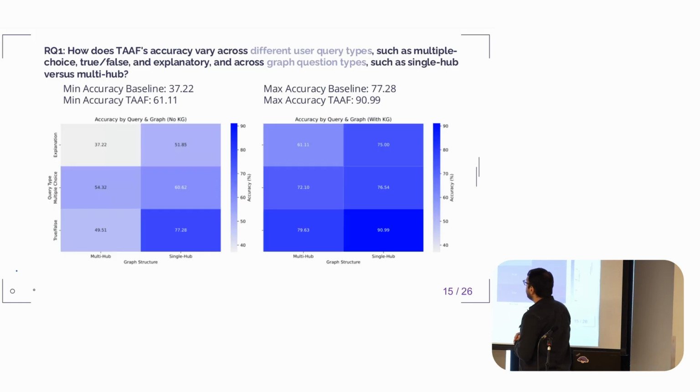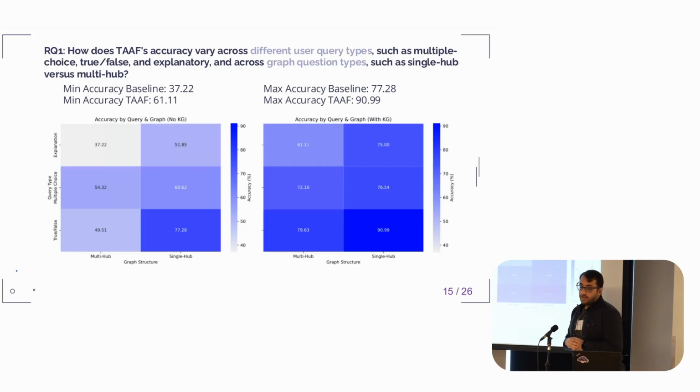For example, the minimum accuracy is for multi-hop explanation questions, both in the baseline and in the TAAF settings. We have the maximum accuracy for single hop true or false questions, which reaches almost 91%. And one other insight is that multi-hop questions have the most improvement. So for multi-hop true or false questions, the accuracy improves almost 30%, which is interesting.